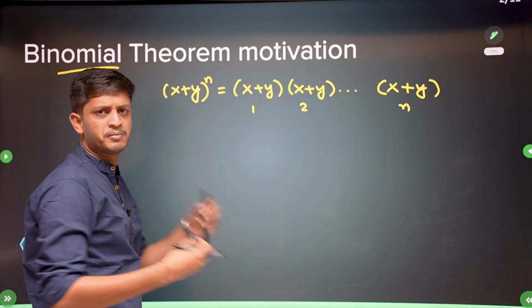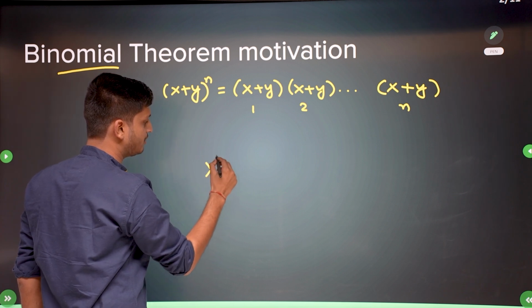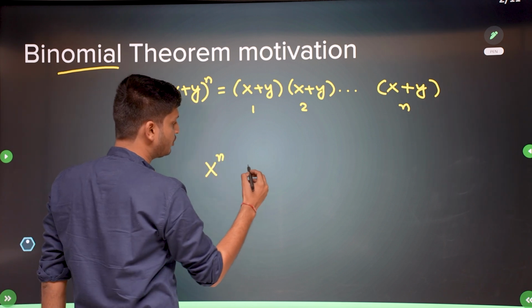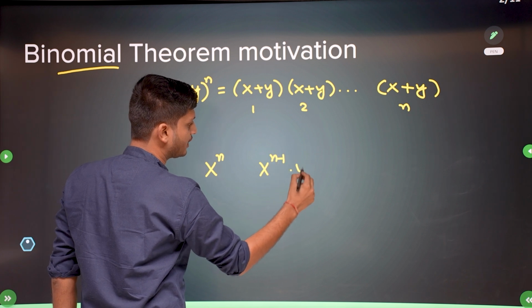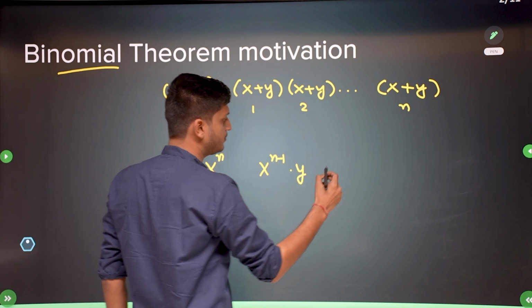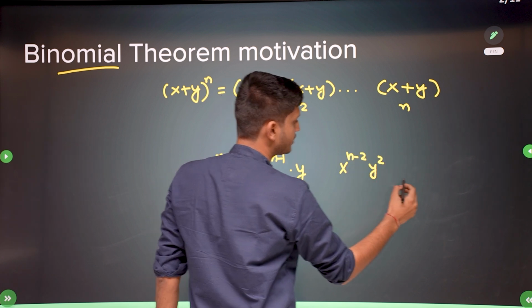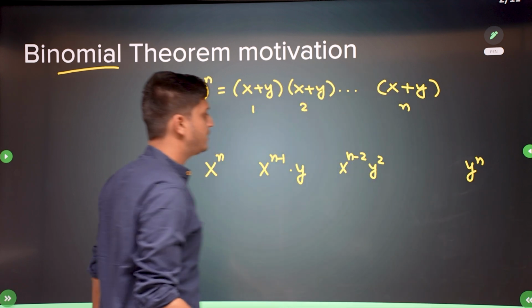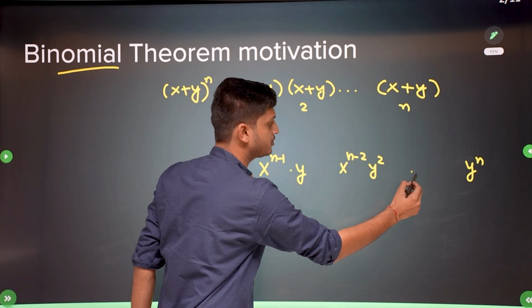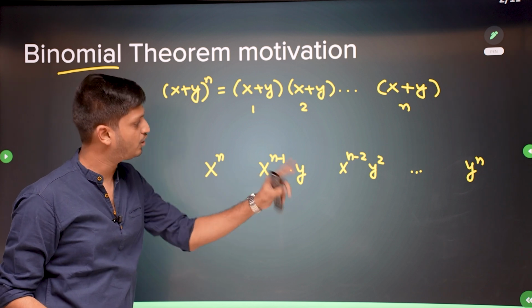We will get different terms, but you will see a pattern. One term will be x to the power n. You will have a few terms of this type, x to the power n minus 1 and y. You will have a few terms of this type, x to the power n minus 2 y square. And you will have one term like y to the power n. Basically, you will have many such terms, but the sum of the powers of x and y will always be n.